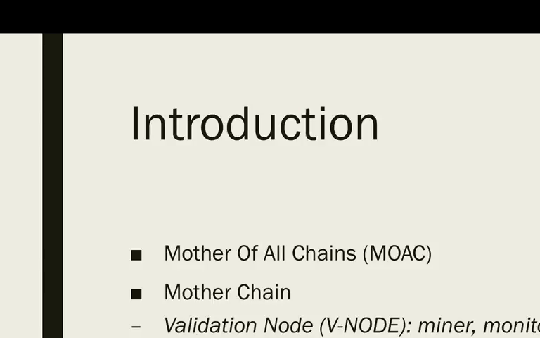The microchain, which we also sometimes call the subchain, is actually composed of a group of smart contract servers. For smart contract servers, there are different nodes running the SCS software. It has two roles. One is a miner, which joins the consensus in the microchain and generates blocks.